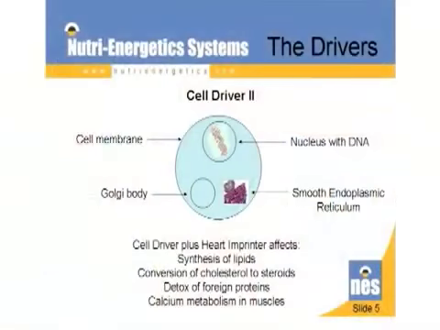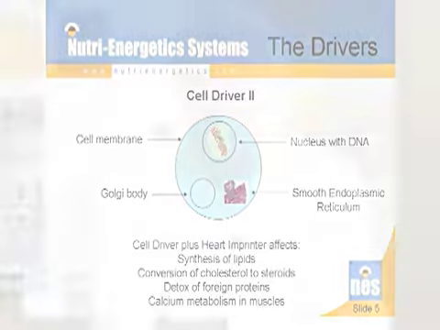There is important traffic between the Golgi body and the SER so far as nutrients are concerned. Here we come back to the all-important chemical level. The traffic between these two bodies is thought to be responsible for synthesis of lipids, conversion of cholesterol to steroids, detoxification of foreign proteins, and calcium metabolism of the skeletal muscles.